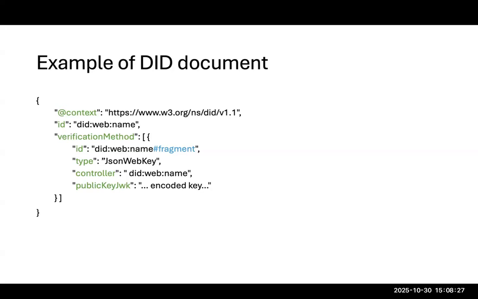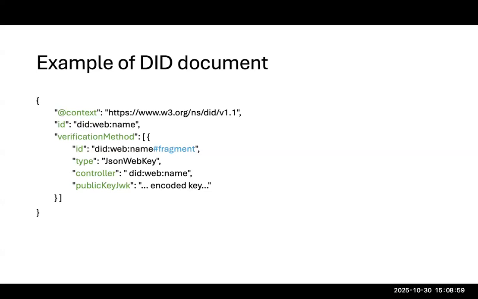The DID, in this case did:web:name, and the verification method with ID, type, controller, and in this particular case, the DID web method decided to use the JSON web key type, and so publicKeyJwk for specifying the public key.